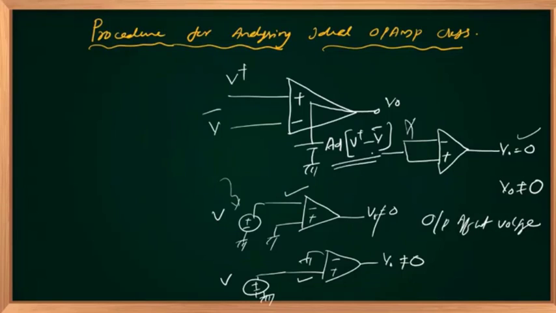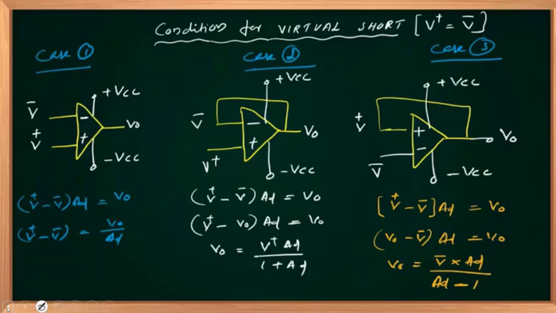That's it. So it's a voltage controlled voltage source. Dependent voltage source: AD times the difference between the input voltages. And your concerns, whether it will go to infinity or plus VCC or vary linearly with V plus or V minus, that we will address in the upcoming sessions.